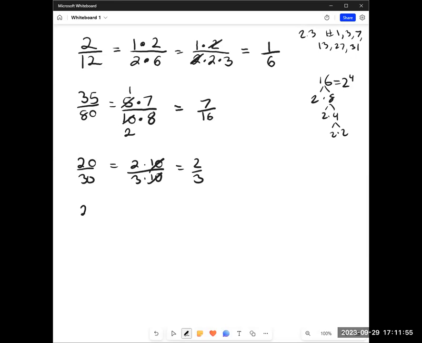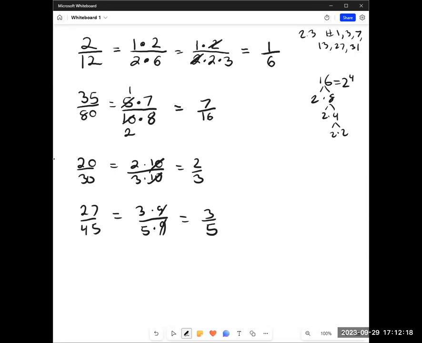Our next one is 27 over 45. And I see that this is 3 times 9. That this is 5 times 9. And 9 cancels out and leaves me with 3 over 5, both of which are prime numbers. So that can't be broken down anymore.